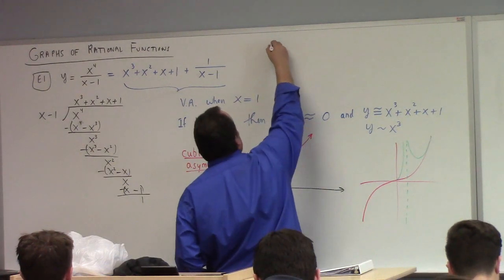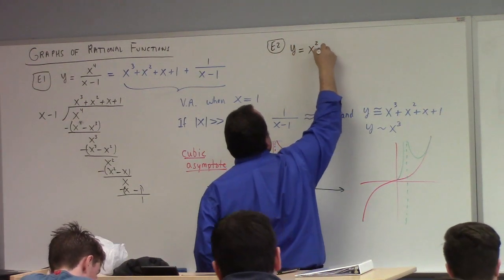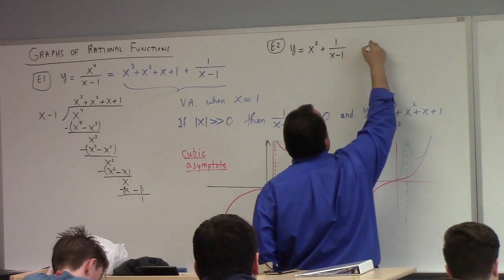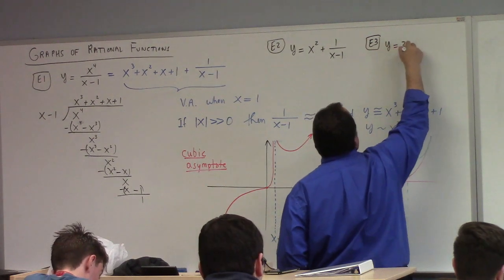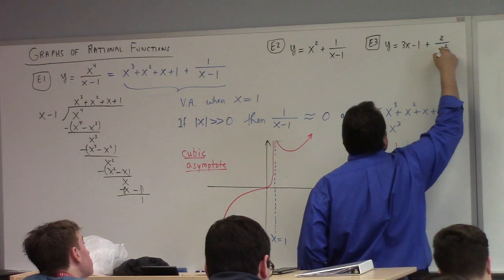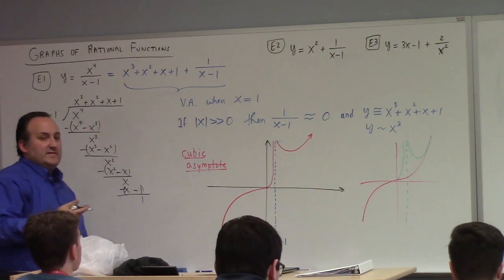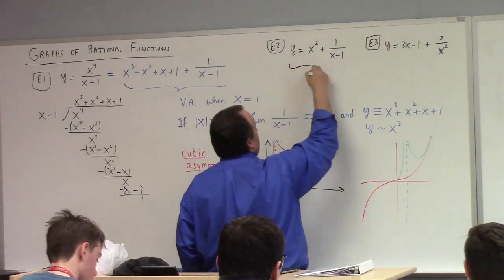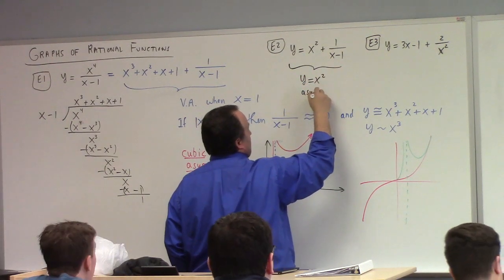Like we could have example 2, if I had something like x squared plus 1 over x minus 1. If I had example 3, something like y equals 3x minus 1 plus 2 over x squared, these would also be examples with interesting asymptotes. Like this, you would have y equals x squared as the asymptote, asymptotically.